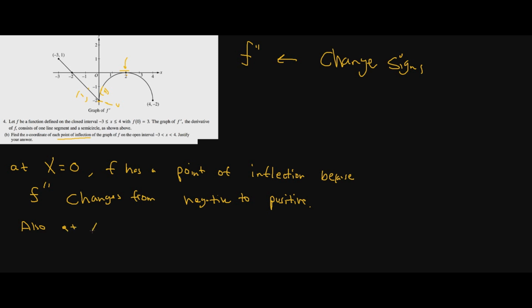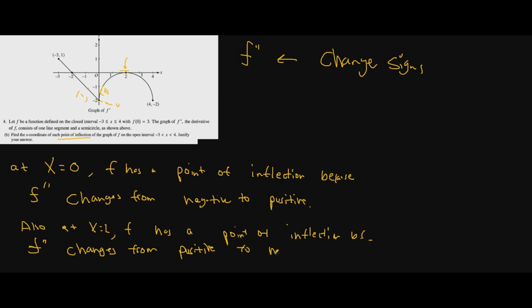at x equals 2, f has a point of inflection because f double prime changes from positive to negative.